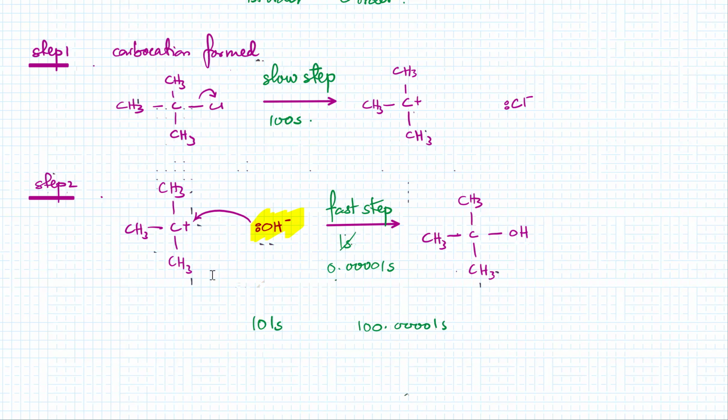A reaction is more like a relay race. There's going to be a slow runner and there's going to be a fast runner, right? So the rate of the reaction does not depend on the fast runner. It all depends on the slow step. No matter how much you increase the speed of the OH, the main point is that any reactant that's in the fast step is zero order.